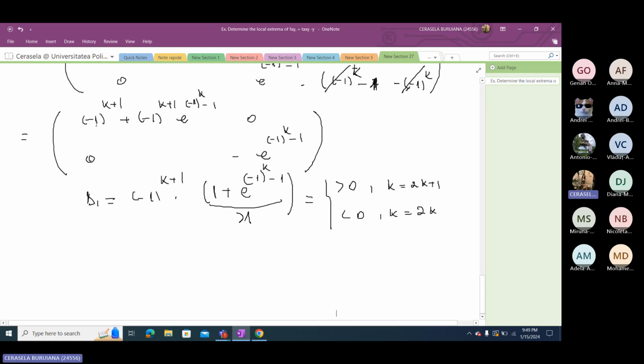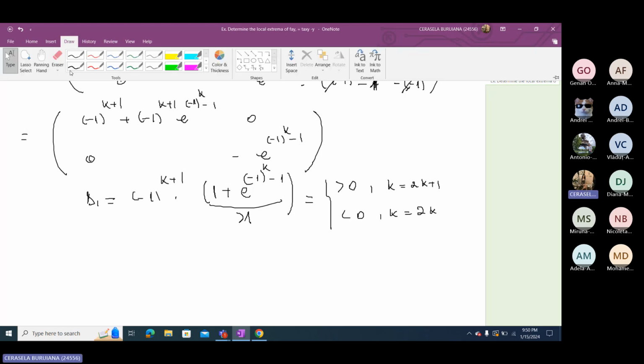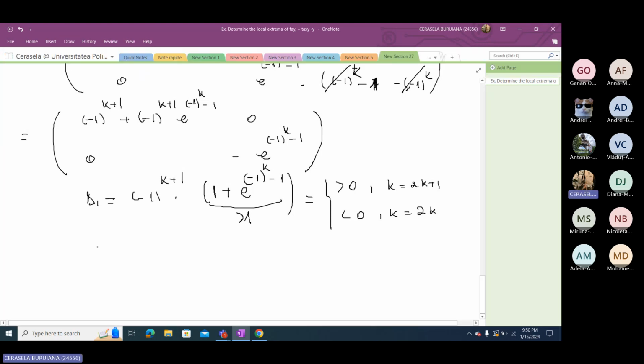Now let's see how much delta 2 is. It's simple. It will be the determinant of the matrix. By the way, can delta 1 be 0? No. There isn't such a case, so it's okay for us.